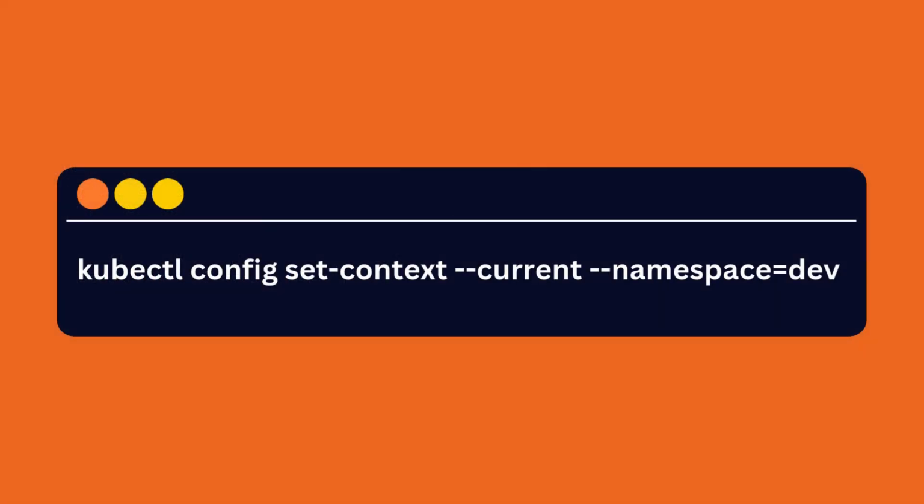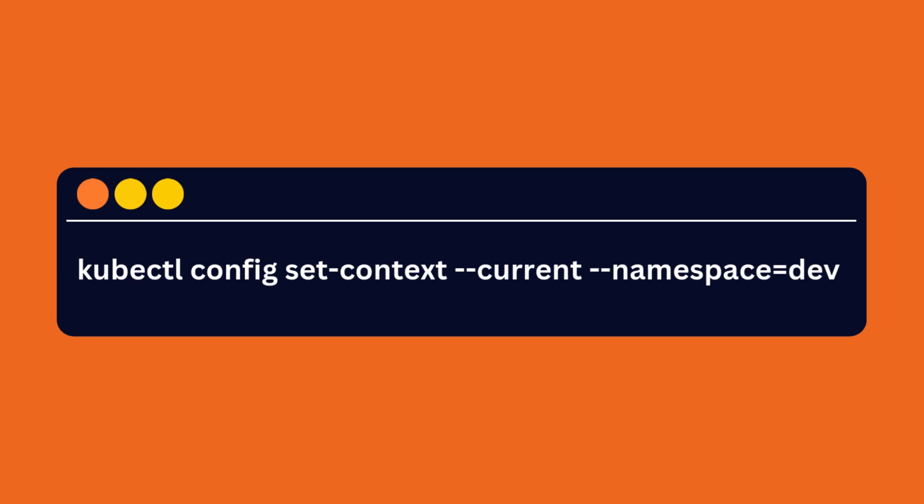What if you don't want to explicitly specify the namespace? For example, you're mostly going to work on the dev namespace and you will only see pods in the production namespace as and when required. Well, you can use this command to change the active namespace for your cluster. So you will use kubectl config set-context --current --namespace=dev.